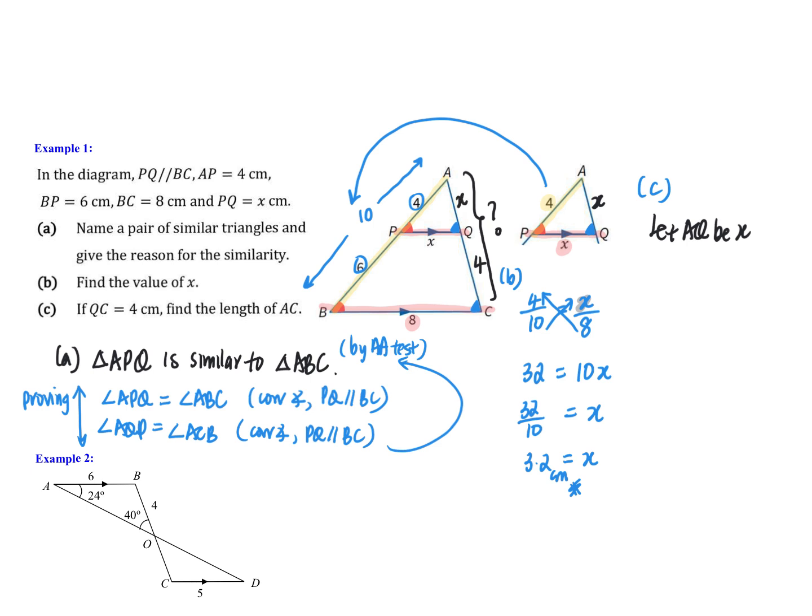What is AC? 10? No. What is AC? Okay, remember. Now I want to compare the ratio between this and the whole thing, right? You always compare with the corresponding side. So if I compare X with X plus 4, this whole thing is X plus 4. It should be the same as the ratio of the other pair, which is 4 and 10. Oh yeah, it's 6.